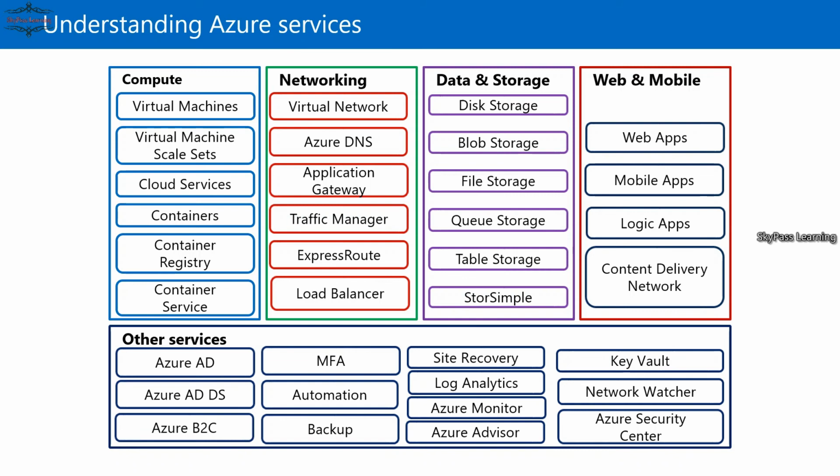These are integrated with the core four platform structures: compute, network, data storage, and web and mobile. We also have IoT functionality, the Internet of Things, with Azure IoT Hub as a feature in Azure. We can use hybrid integration with Azure Service Bus, Event Grid, and API Management. A lot of things are there that I will cover in the next couple of videos.